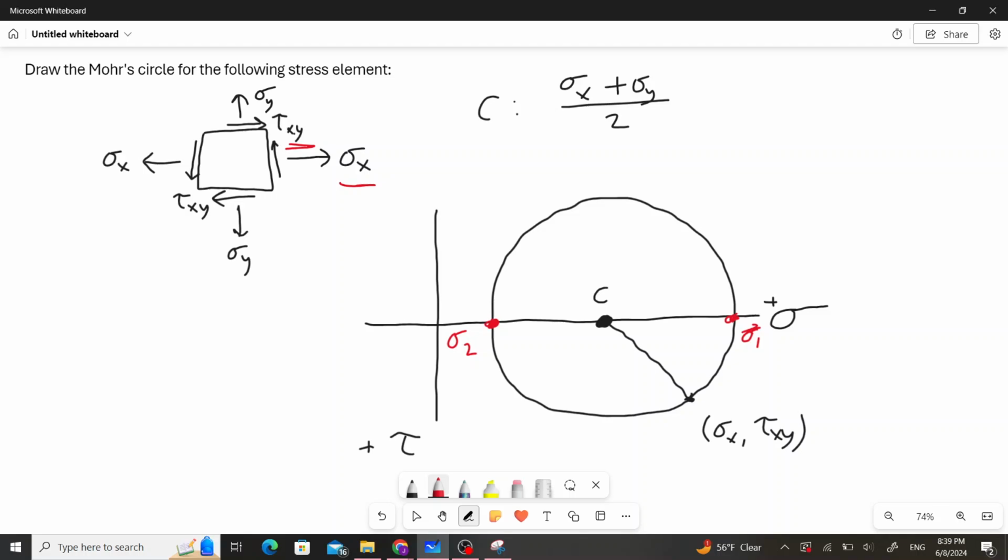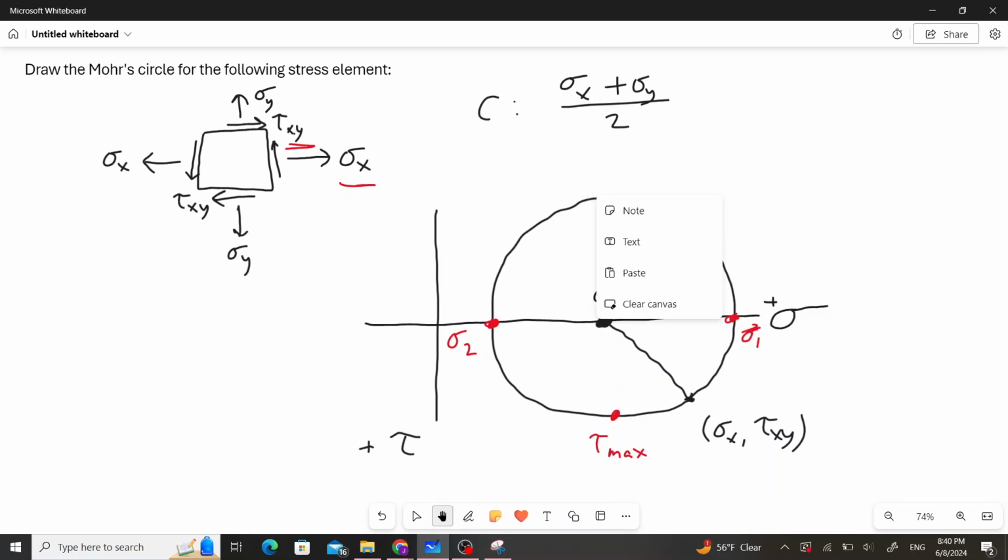Remember that our maximum in-plane shear occurs when we're at the average value of our normal stresses. So our maximum shear will be the maximum value on the shear axis. That's our max in-plane shear.